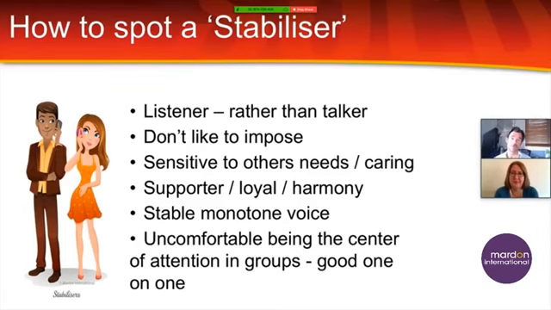If you met a stabilizer, you'll never see them being loud like a trailblazer. It's all about fitting in to the environment and keeping everyone's emotional peace in place. They are very sensitive to others' feelings, so they don't want to hurt other people. They don't want to be hurt. So they move in a particular way in the world with others.